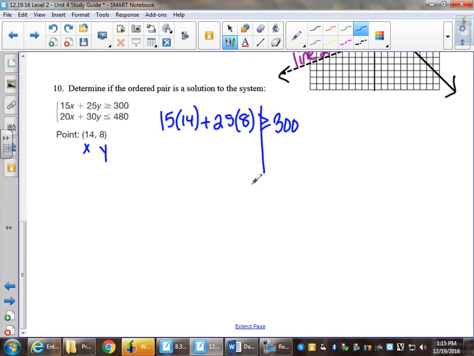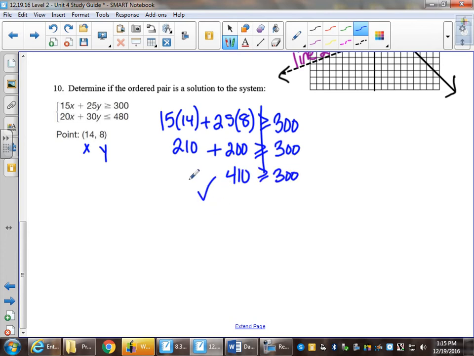Let's see. 15 times 14 is 210, plus 25 times 8 is 200, greater than or equal to 300. So we get 410 greater than or equal to 300. That's true. So we're halfway there.